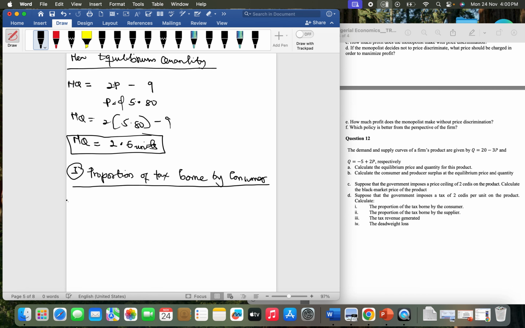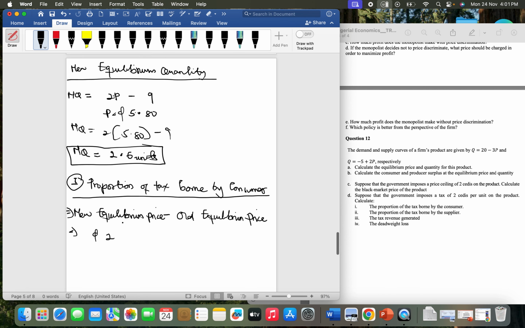Okay, so the formula is our new equilibrium price minus old equilibrium price. So the new equilibrium price is the one we had as a result of tax. It was, let me check.